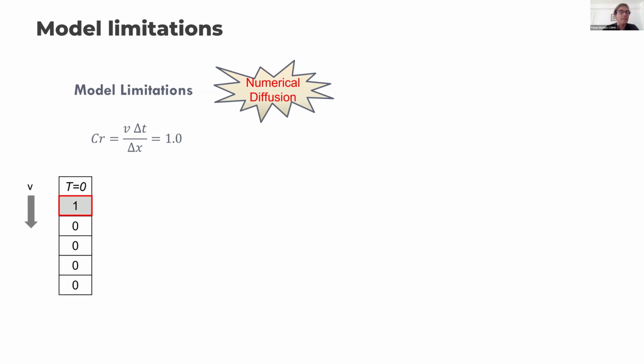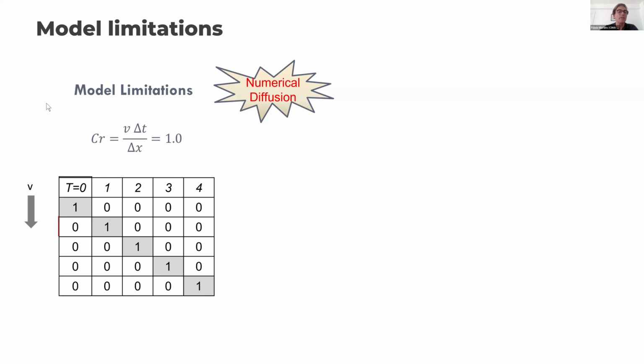So in the next delta t, the fluid with the concentration of 1 will move from here to here, right? In the next delta t, it will move another cell, and in the next another cell, and so on. So as time moves, the position of the fluid with the concentration of 1 will be exactly 1 cell further.